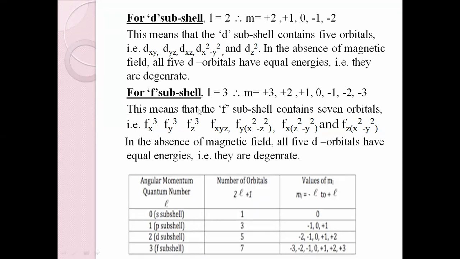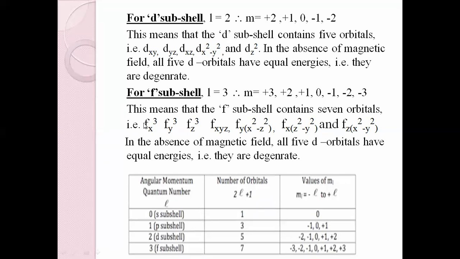ठीक है, with different orientations means उसके अंदर ये जो 7 f orbitals हैं, उनके अंदर इलेक्ट्रॉन्स जाने हैं. ये हर एक 7 ऑर्बिटल्स की कुछ कैपेसिटी है इलेक्ट्रॉन्स जाने की.